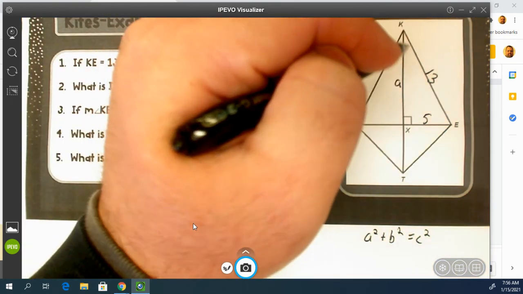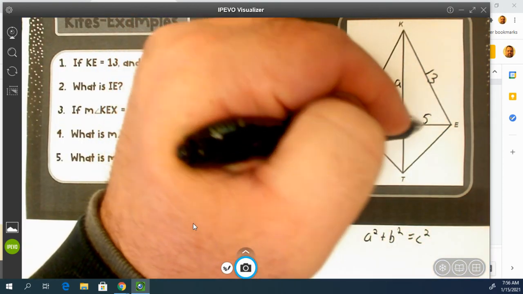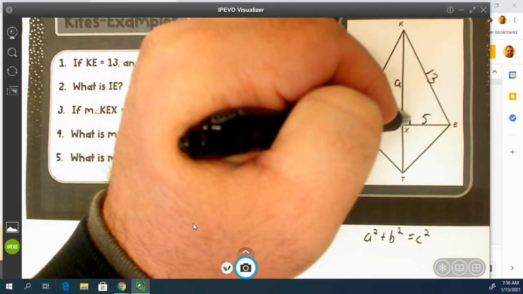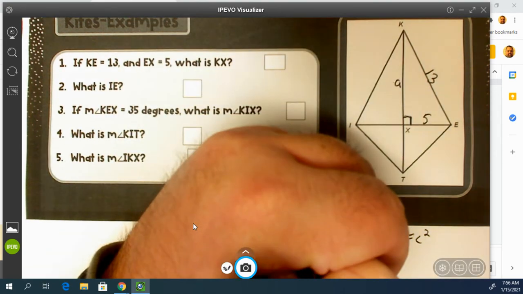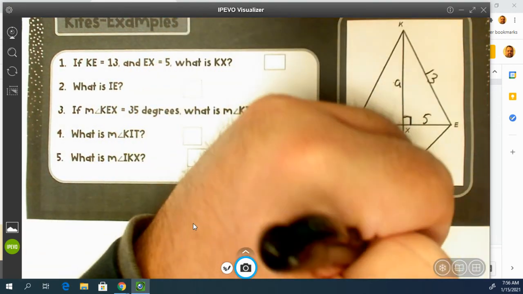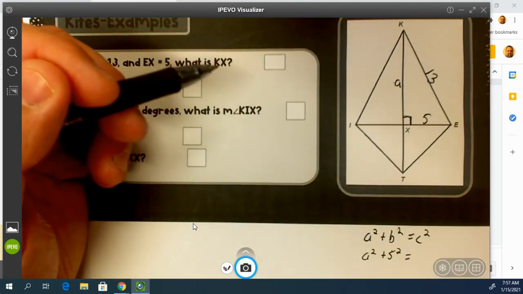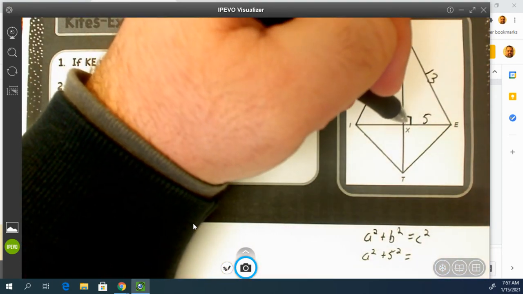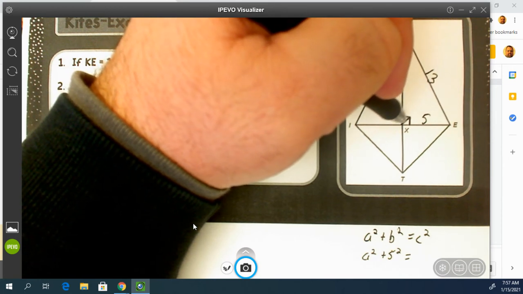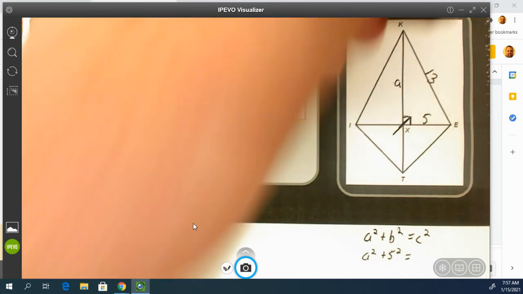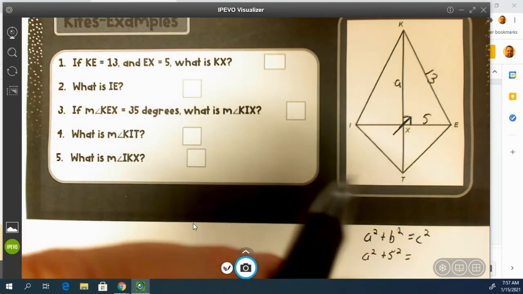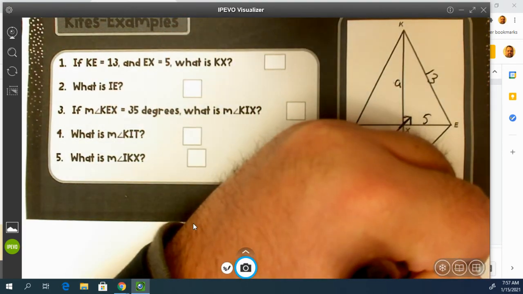And remember what we said, the legs are the sides that touch the square. So we don't know A, we know B, it's 5 squared. Now it doesn't matter which one you label. And this square points, I always like to make an arrow, it points to the hypotenuse. So the hypotenuse is 13.